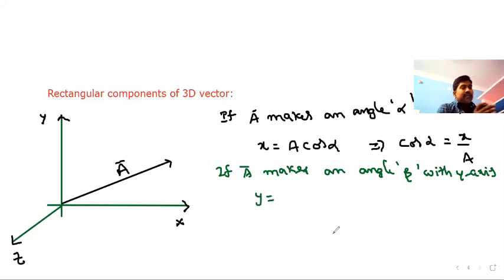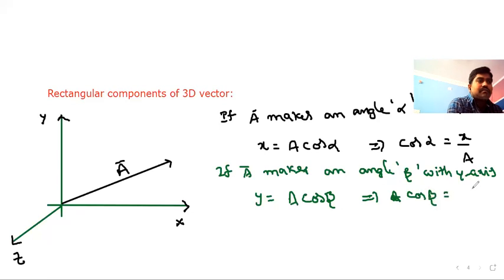It is directly making an angle beta with the y-axis. So with whatever axis it is making an angle, definitely the cos component will be that component. So y will be how much then? A cos beta. Very good. Here you can write cos beta equals y by A.